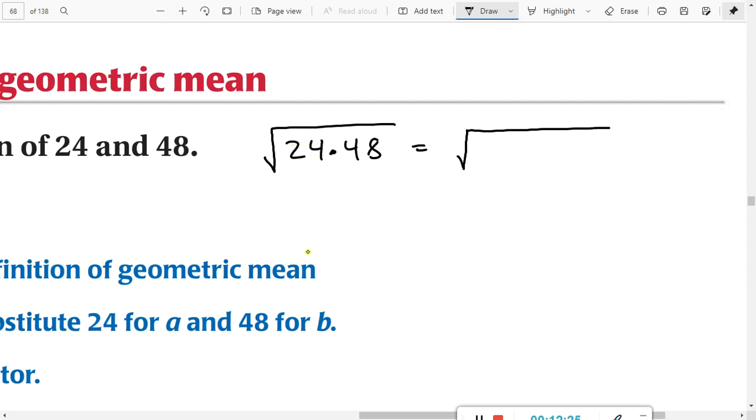For instance, I know that 24 is the same as 4 times 6, and I know that 48 is the same as 4 times 12. And really, I know that 12 is the same as 4 times 3.